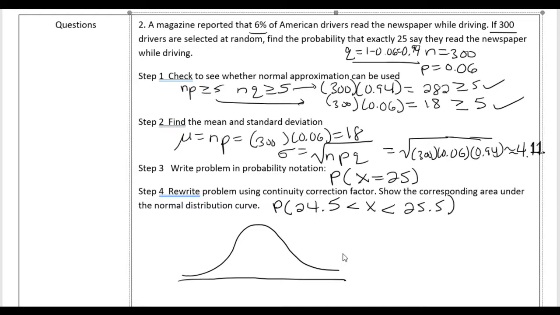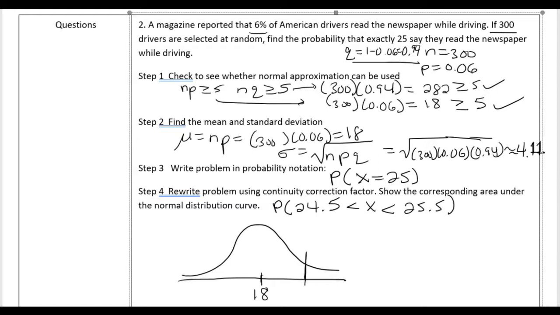Okay, and we're not going to be too detailed with this curve. We're just going to label the mean. The mean is 18, and we know we want it to be 25. Standard deviation is about 4, so 25 is around here. We're just going to approximate.